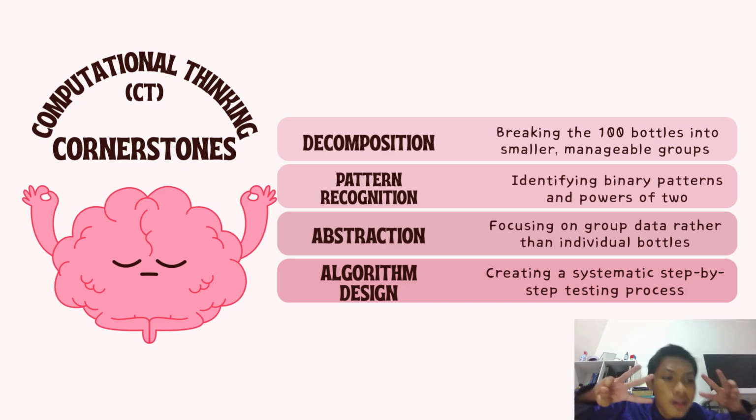The third is abstraction, where we focus on the important data and set aside data that is not important. In this example, for strategy 1 and strategy 2, we focus on group data rather than individual bottles to make it more efficient and fast.